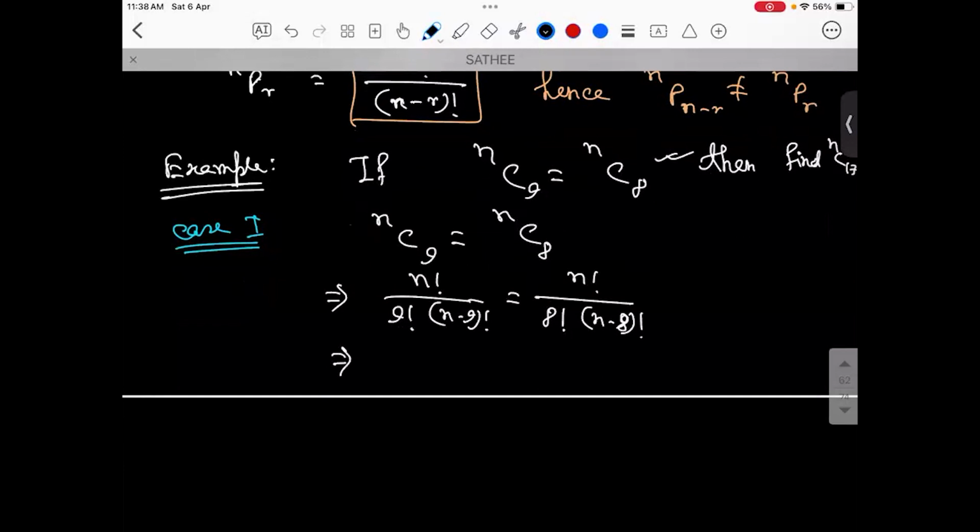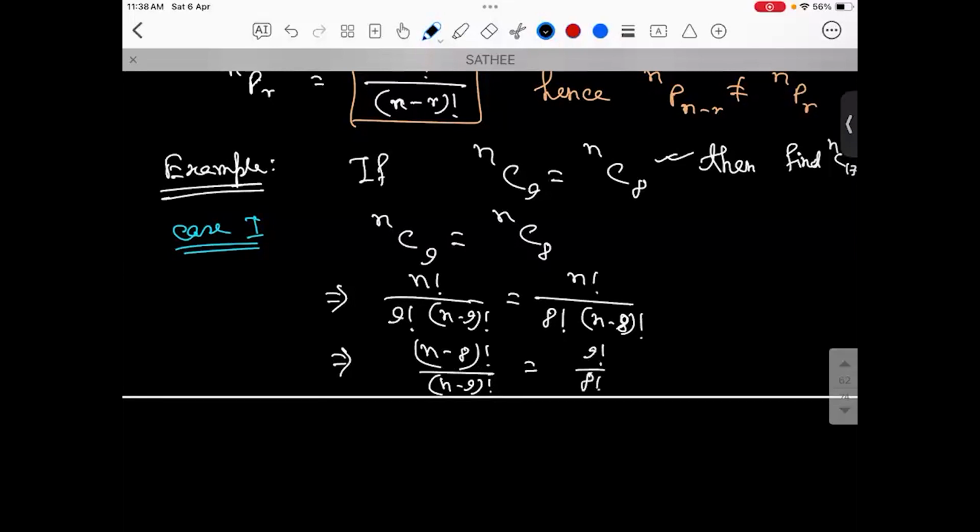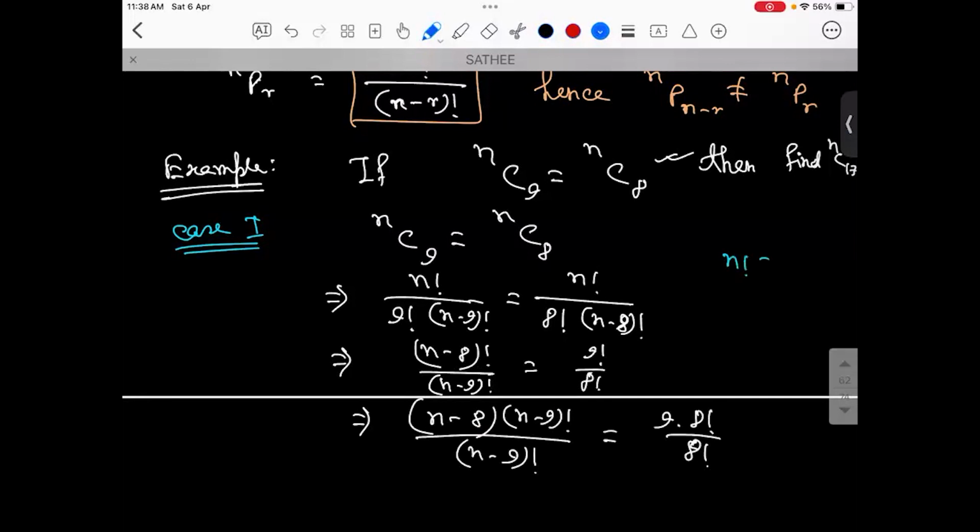Fine. Now if I do the calculations, we will get (n minus 8) factorial divided by (n minus 9) factorial is equal to 9 factorial divided by 8 factorial. Now this gives us (n minus 8) into (n minus 9) factorial, divided by (n minus 9) factorial. Why will I get this? Because we know the formula about the factorial, that n factorial equals n into (n minus 1) factorial.